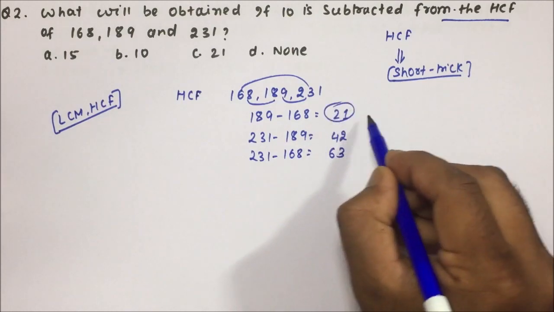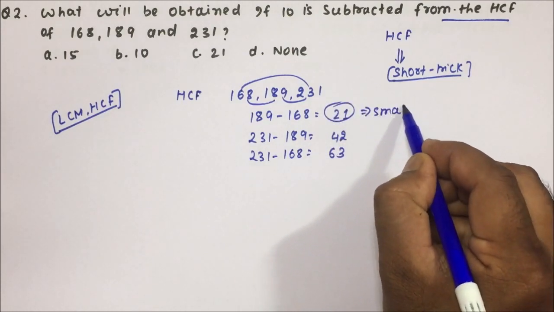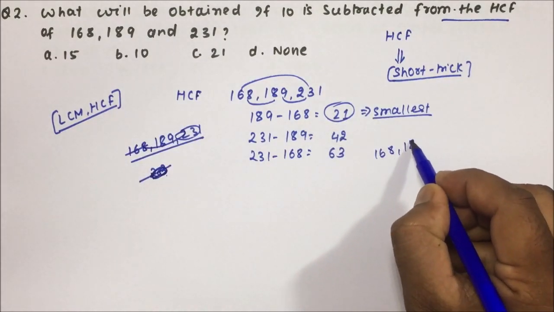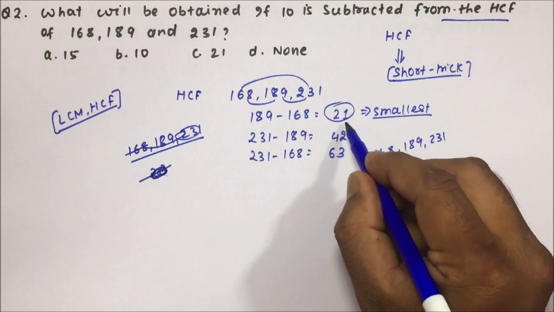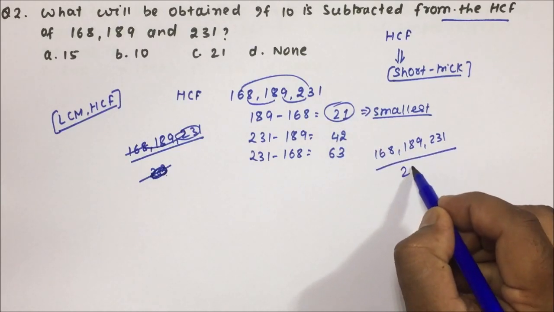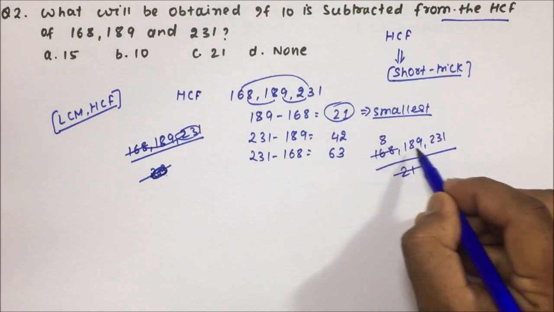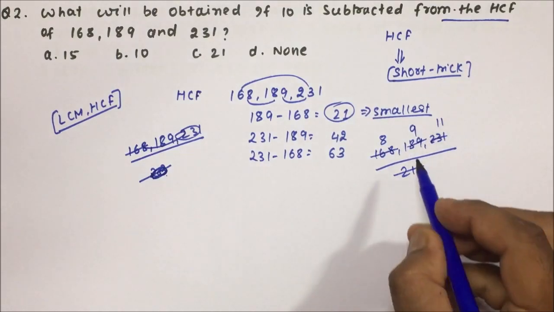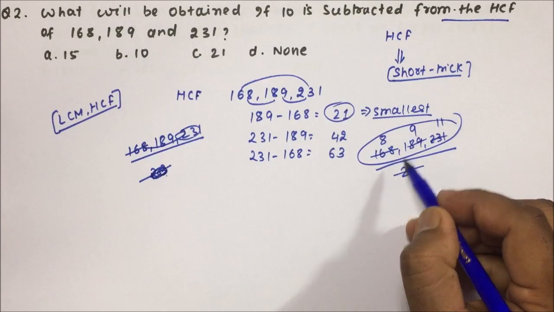So friends, what is the smallest number? Pick the smallest number. And now you see if these numbers are divisible by the smallest number or not. 21 will divide this 8 times, 21 will divide this 9 times, and 21 will divide this 11 times. So friends, all those numbers are divisible by 21.